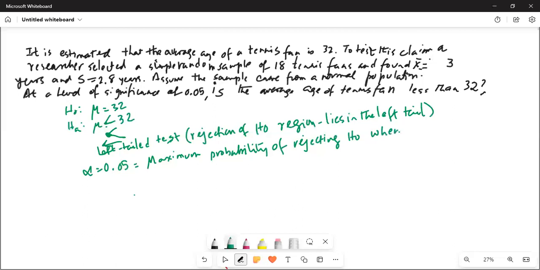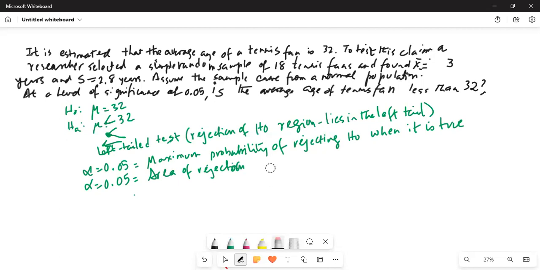So alpha is equal to 0.05, which is equal to the area of rejection of H0 in the left tail.